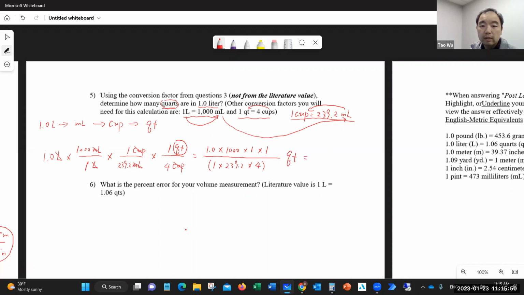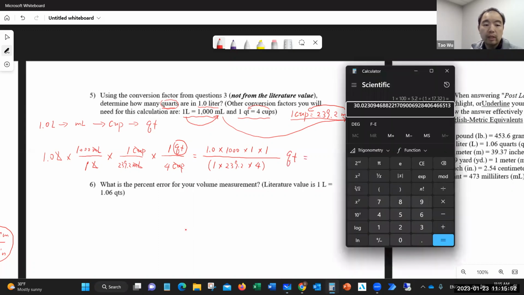So again, you put that number into the calculator and make a calculation: 1.0 times 1,000 times 1 divided by parenthesis 1 times 239.2 times 4 parenthesis, and you got an answer.